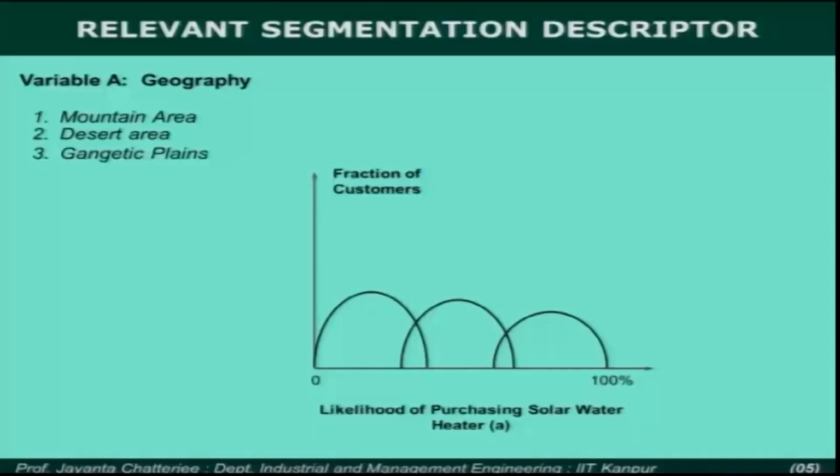Or there could be Gangetic plains, that means cities around the Ganges, where we have many of our major cities located. Now, there in that application it will be more rooftop urban application, another type of design will be needed, another size will be needed. And the key point here also is that there may be overlaps in these.